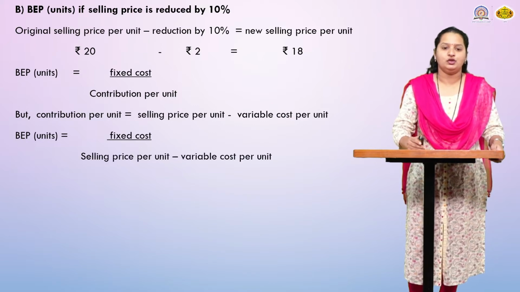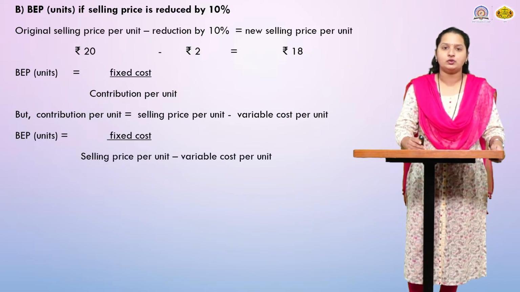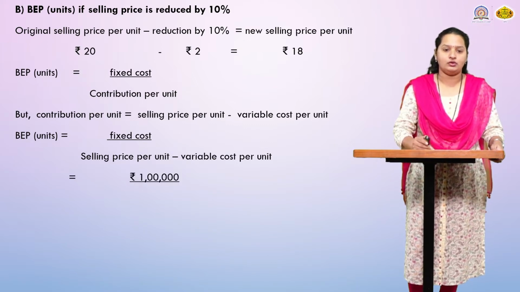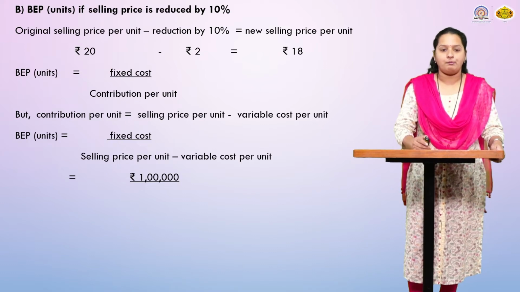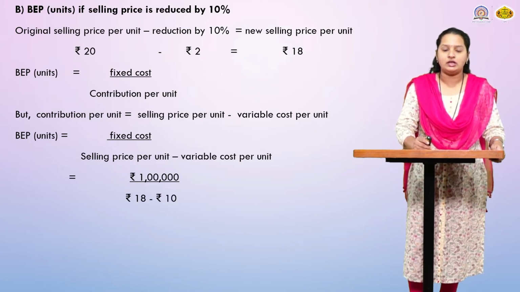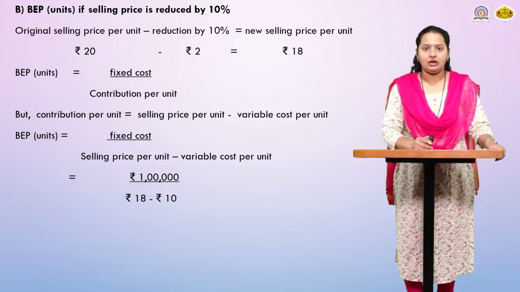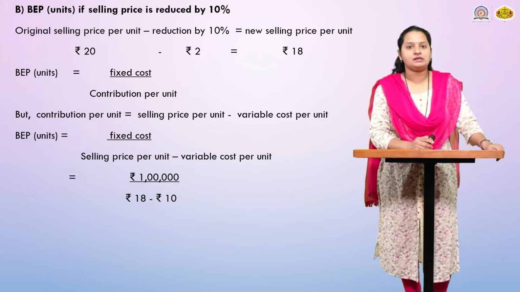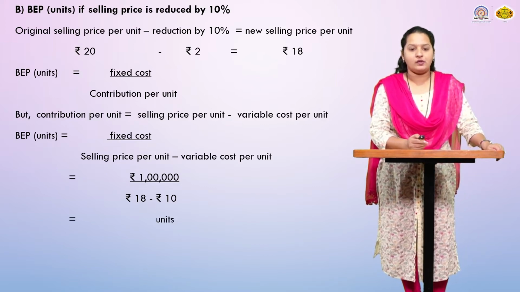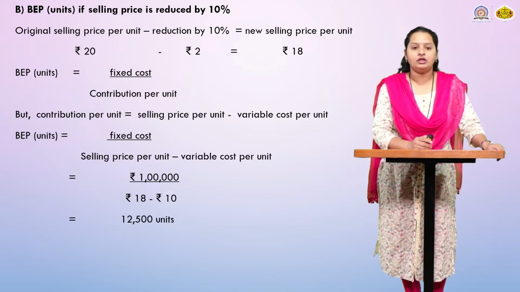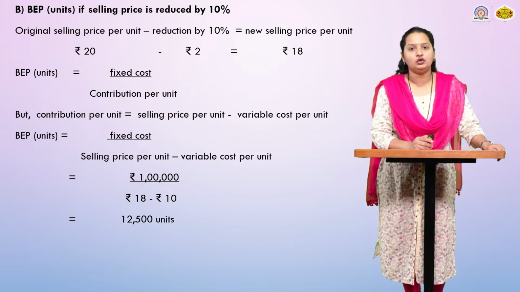Again we use these figures in the formula: fixed cost rupees 1 lakh upon the new selling price of rupees 18 minus rupees 10, which is our variable cost per unit. In this way we got our new BEP as 12,500 units.